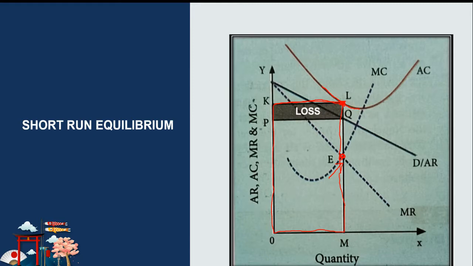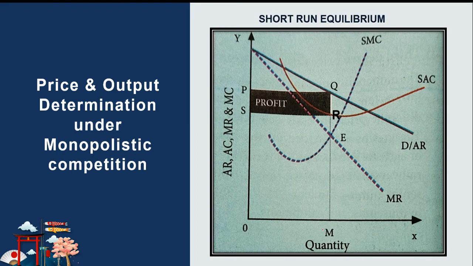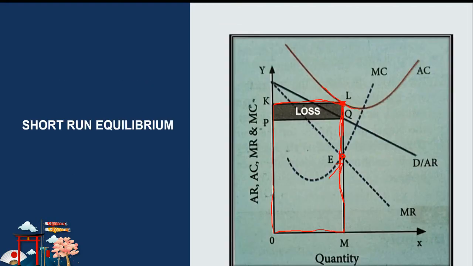So this is equilibrium. You draw the output line through the equilibrium, go to the AR, and here AC is beyond AR. So you have to elongate this line till AC. In the previous diagram, we had the same line, but it started from the x-axis, went through E, then touched AC, then touched AR, because AR was on top and AC was already here. In this diagram, we are doing the same thing. We are drawing the output line.